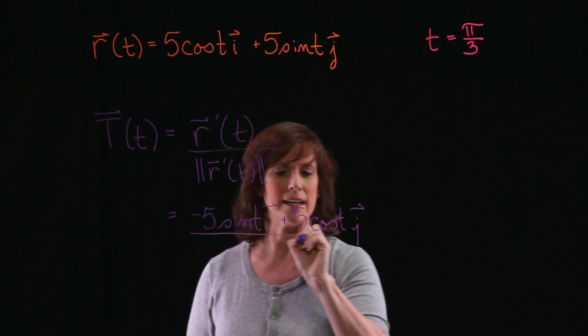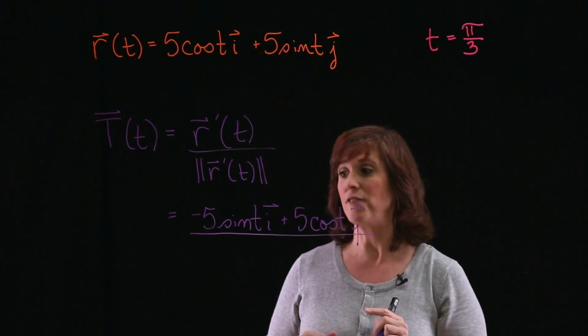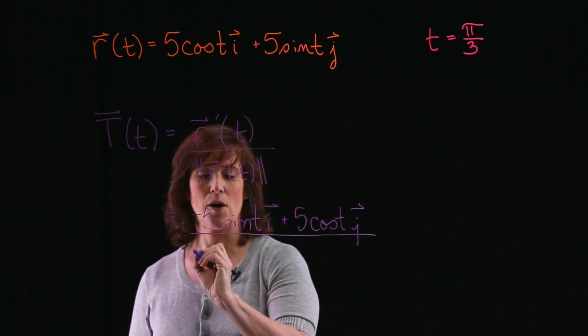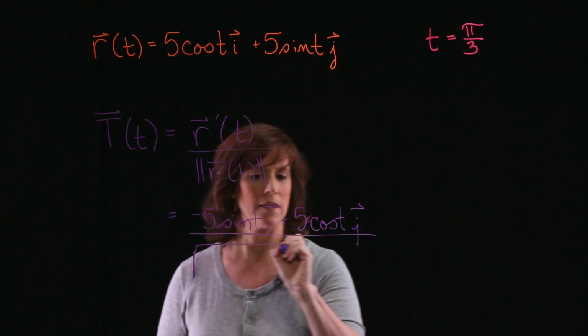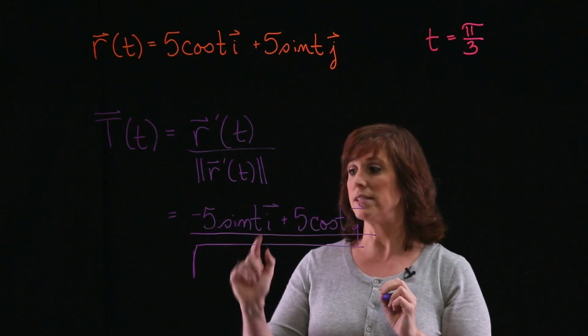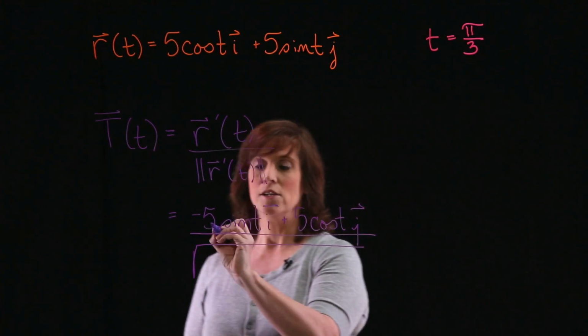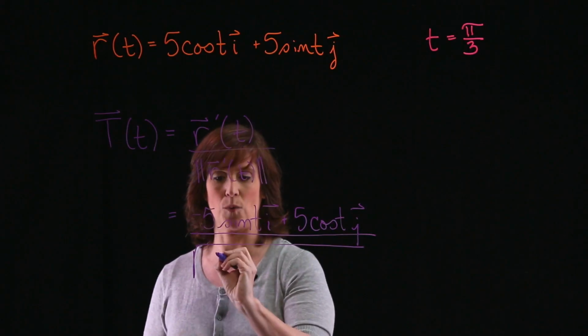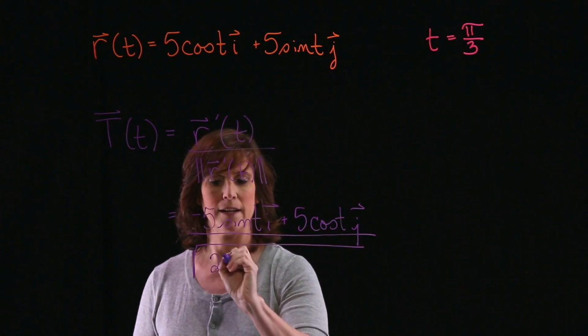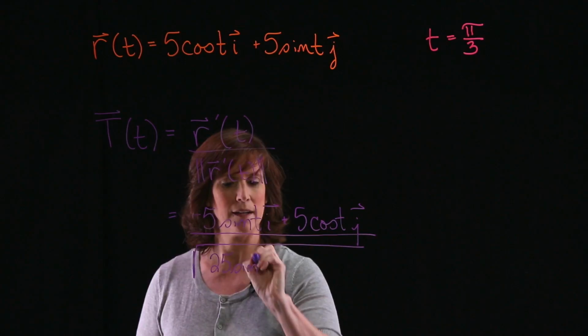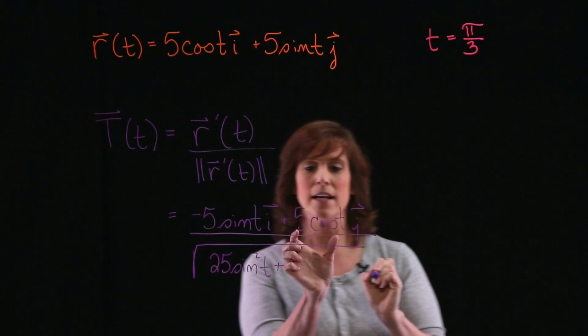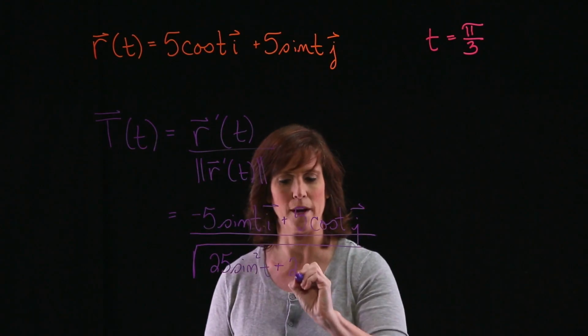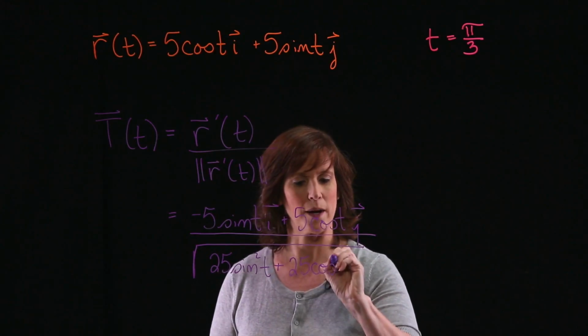I'm going to divide this by the norm of that vector, so I'm going to have the square root of the sum of the squares of the components. Negative 5 sine t squared will give me 25 sine squared t, and then I'm going to add that to the second component squared, which is 25 cosine squared t.